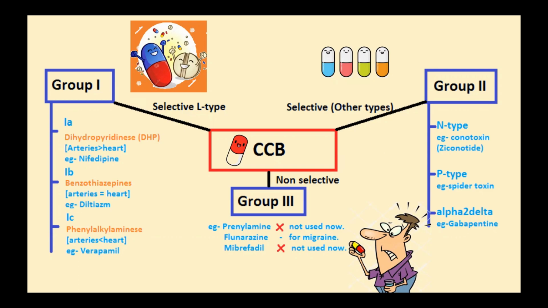In cardiac myocytes, these L-type calcium channels pass inward calcium current, and it triggers the release of calcium from the sarcoplasmic reticulum inside the cell. I'll show you how it works.